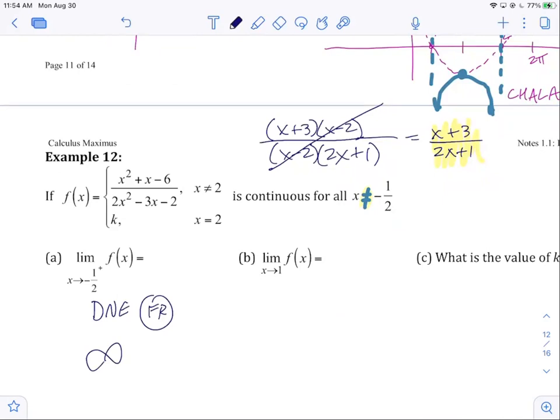And now let's see, now I can plug in a number that's just to the left of negative 1/2, right? Like negative 1/8. Yeah, that would be to the right actually, right? Because I need to double it, I might choose negative 0.6.